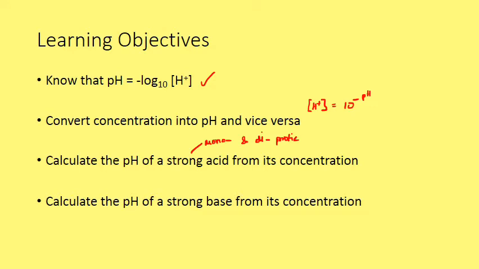And lastly, we looked at calculating the pH of a strong base from its concentration. The little complicating factor there was the use of the ionic product equation in order to convert hydroxide ion concentrations into hydrogen ion concentrations, which we could then use to work out the pH.